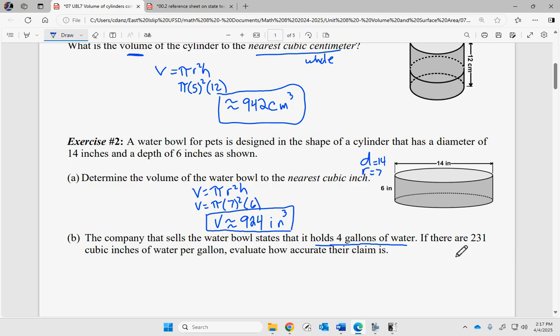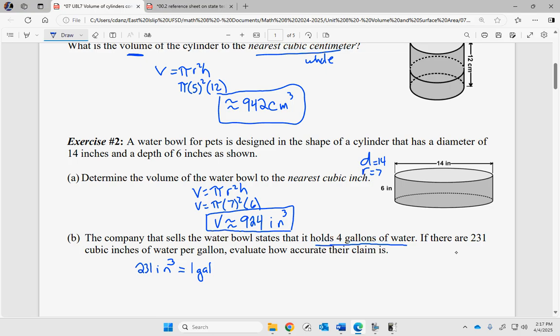If there are 231 cubic inches of water per gallon, that means 231 inches cubed actually equals 1 gallon of water. That's what they're trying to tell us. They want us to evaluate how accurate their claim is. So it's supposed to hold 4 gallons of water.